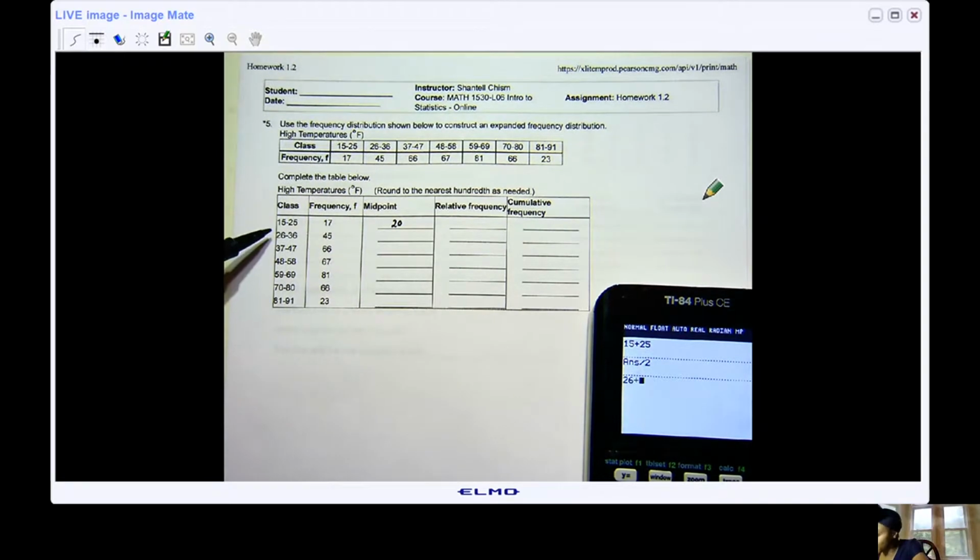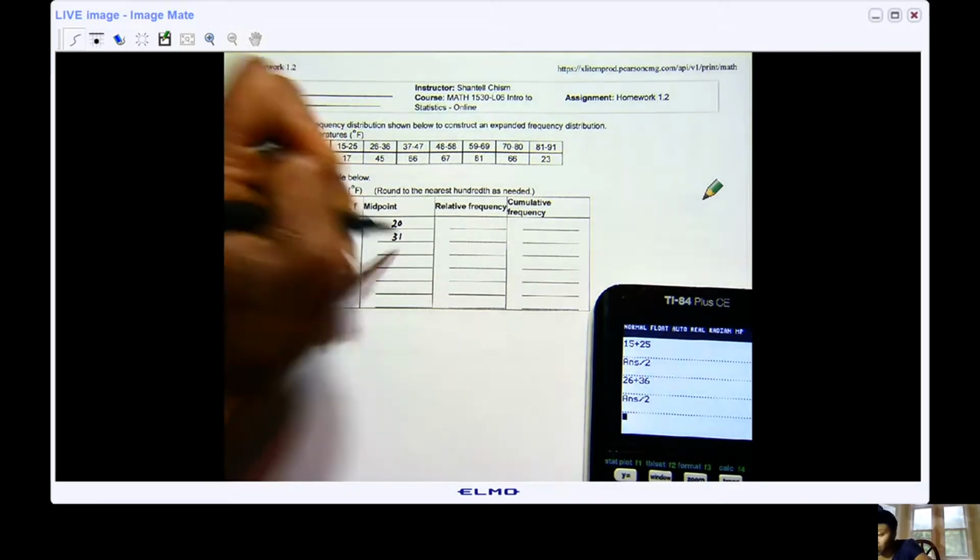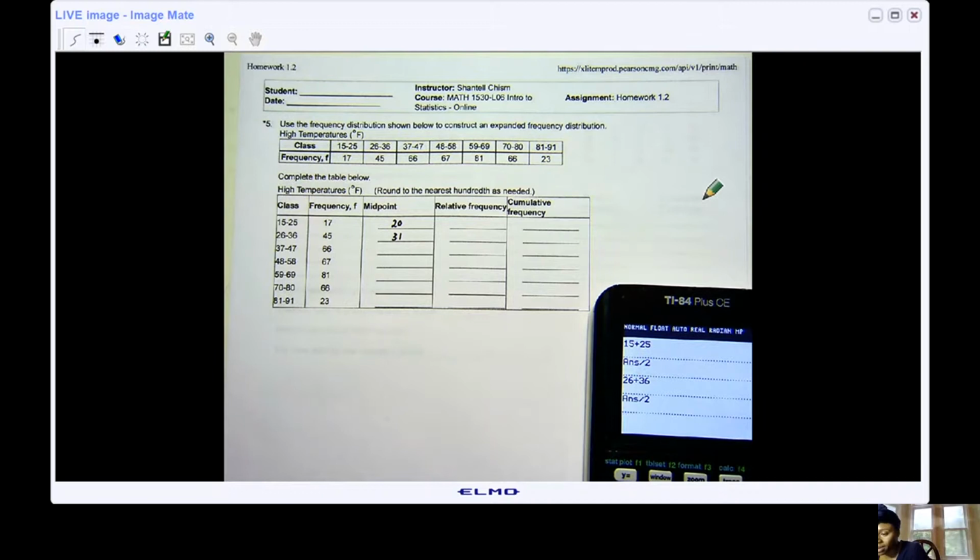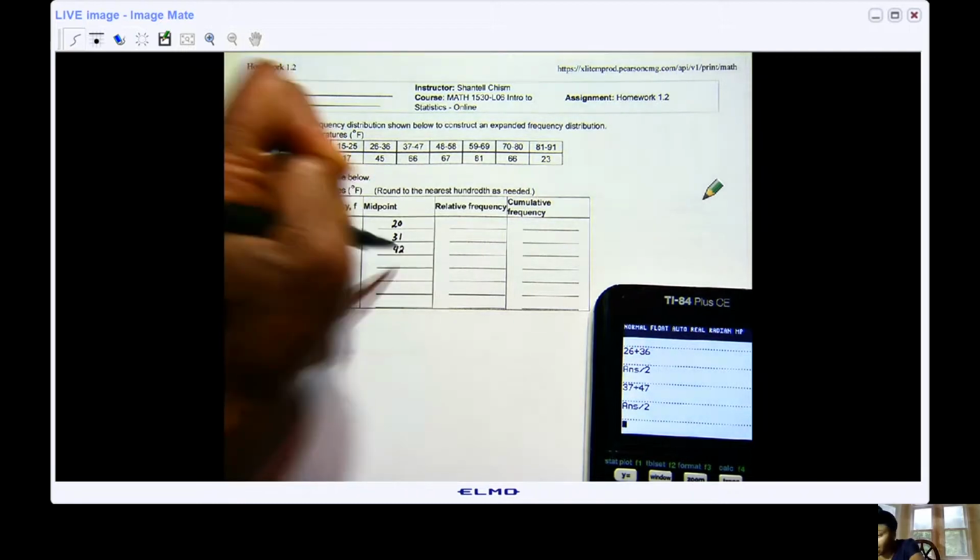We've got 26 plus 36 divided by 2, so that's 31. 31 is the middle value between 26 and 36, because 31 is exactly 5 units above 26 and 5 units below 36.